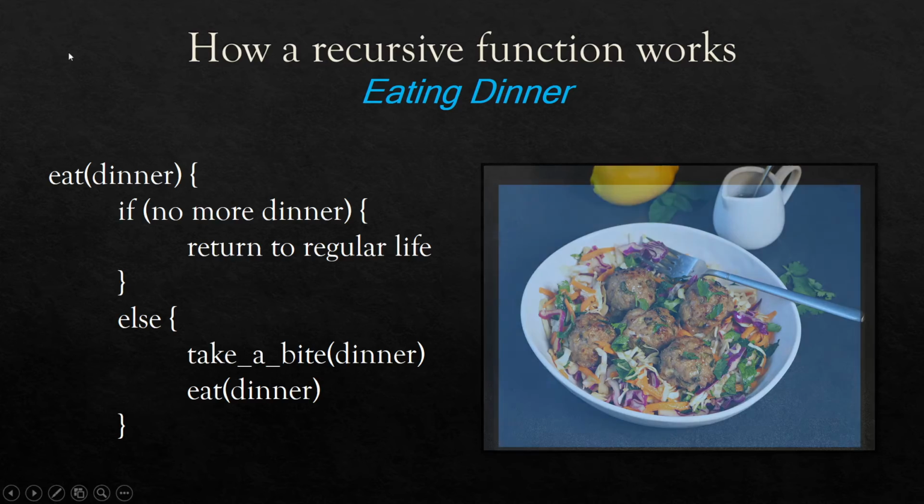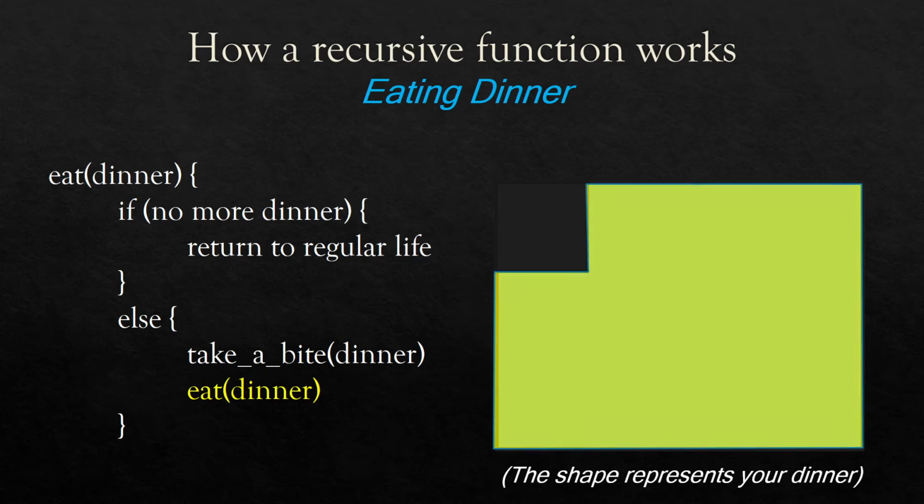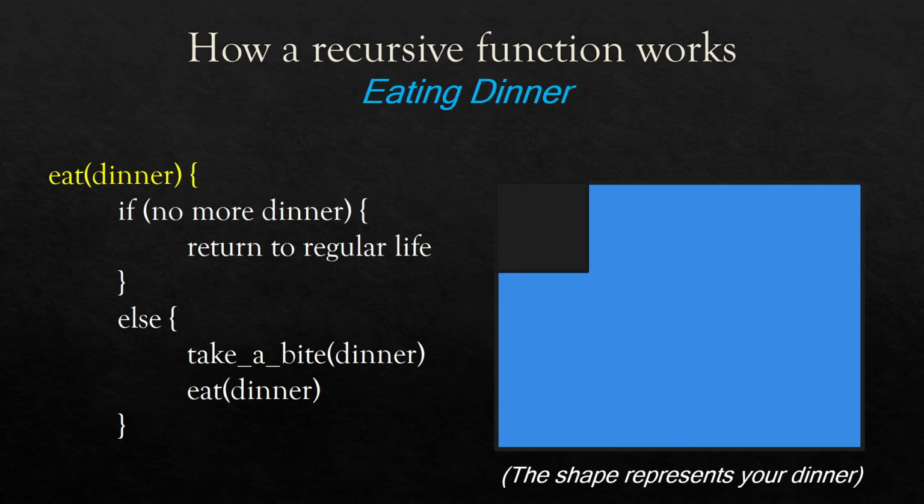So let's imagine my dinner is a simple shape to make it easier. I'm going to say, okay, if there's no more dinner, well, there is more dinner. There's a lot of dinner. So I'm going to take a bite. And then I'm going to say, okay, now my dinner is essentially smaller, but there it is, my dinner. Eat that dinner. So it's going to call this function again, and it's going to run everything one more time.